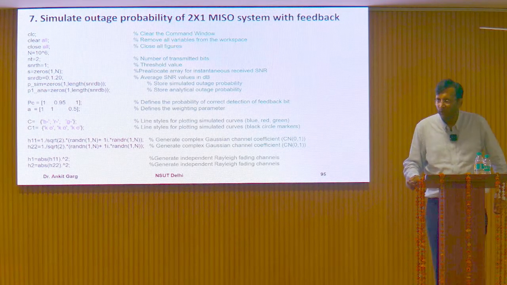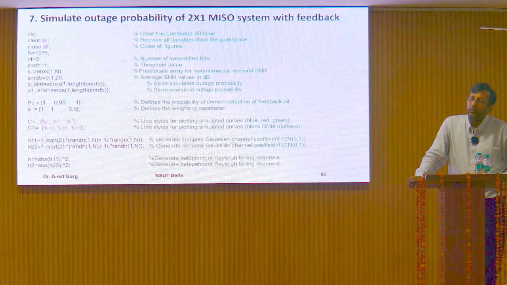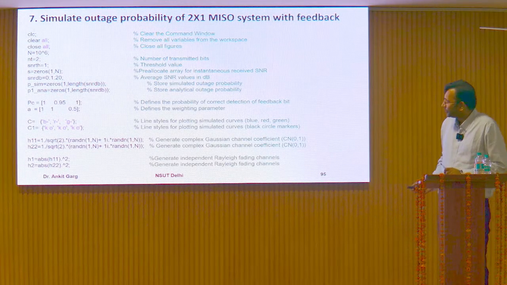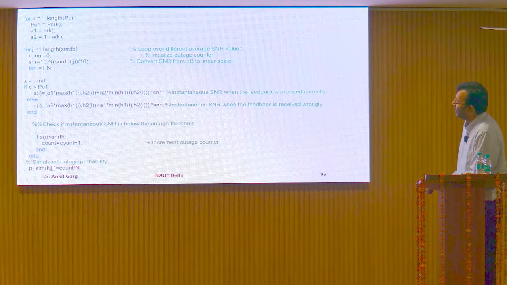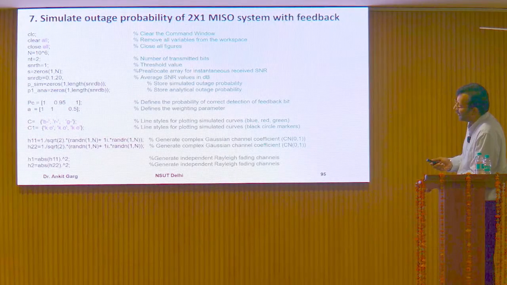We are estimating the channel state information at the transmitter. Then what next? We are selecting the precoder matrix, right? So I will go through it coarsely. First, we need to fix the PC value. Then, accordingly, the optimum value of A. Here we have considered three cases only.